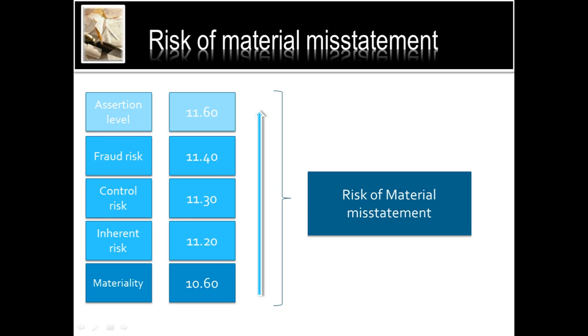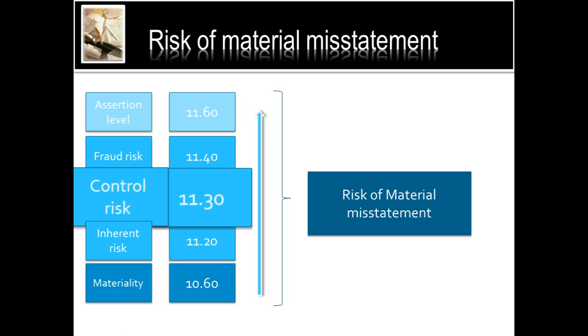So you can see there we look at assertion level risks, fraud, control risk, inherent risk, etc., and then very specifically the control risks, document 11.30. Right, so we are still busy with the risk assessment, only today we will focus on the control risk at the financial statement level.